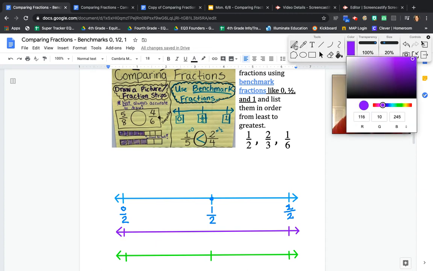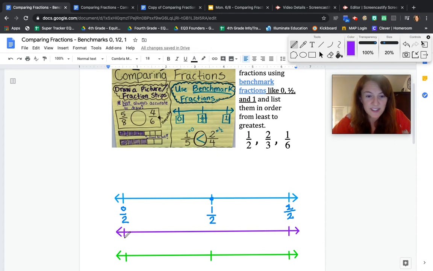Switch colors here. So the 0 fraction for thirds would be 0/3. How much would be the whole for thirds? All three pieces. 3 out of 3, 3/3 would be the whole. Now here's a tricky question.